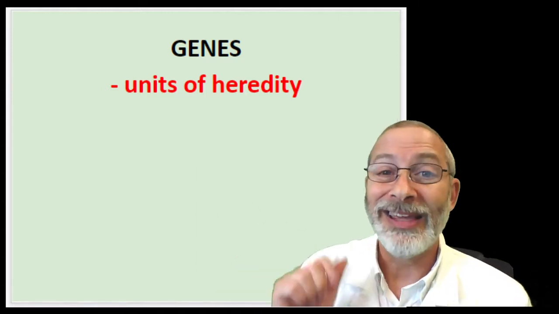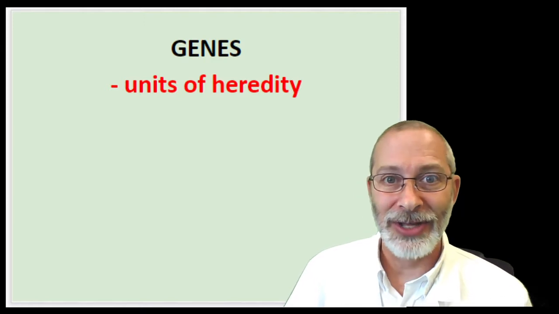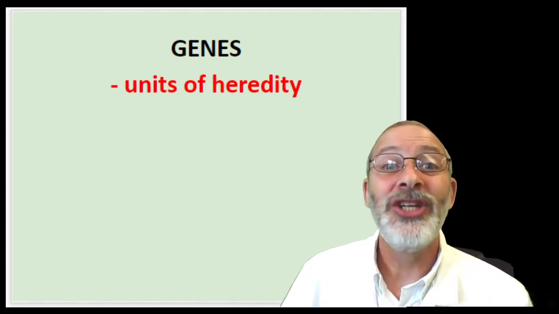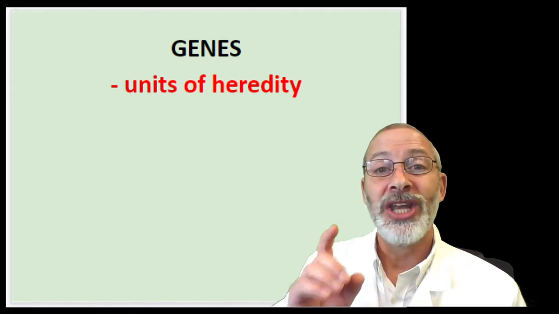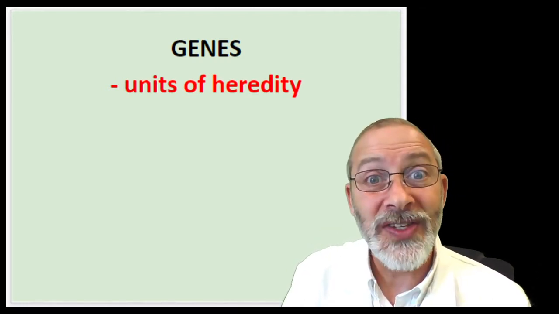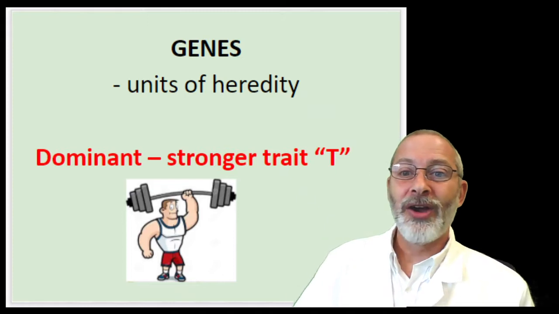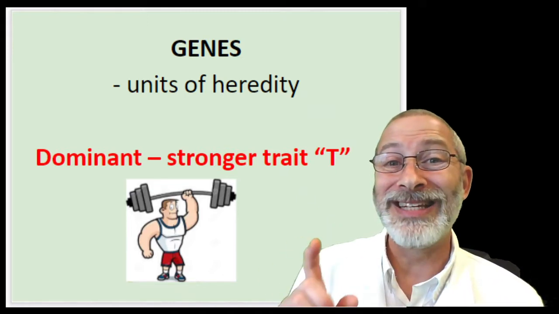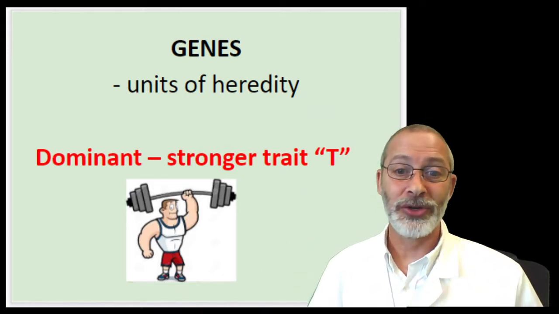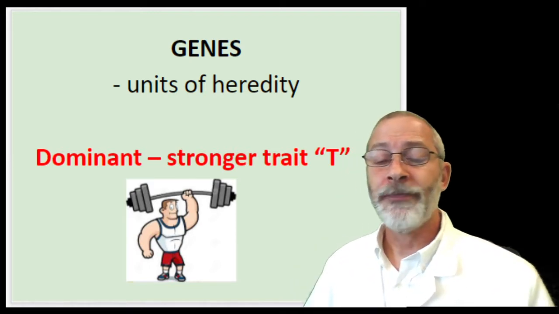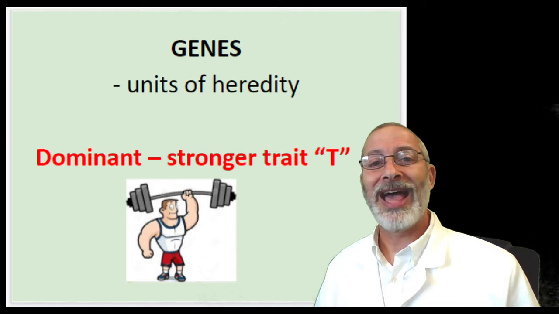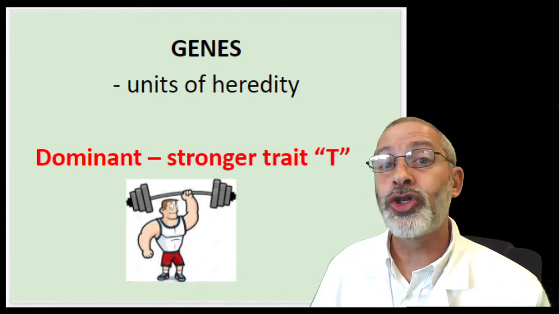Well, here's the nitty-gritty of the details that we need to explain to answer those kinds of questions, because not all genes are the same. There are those that are more dominant than others. There are dominant genes, which refer to those that have a stronger trait.